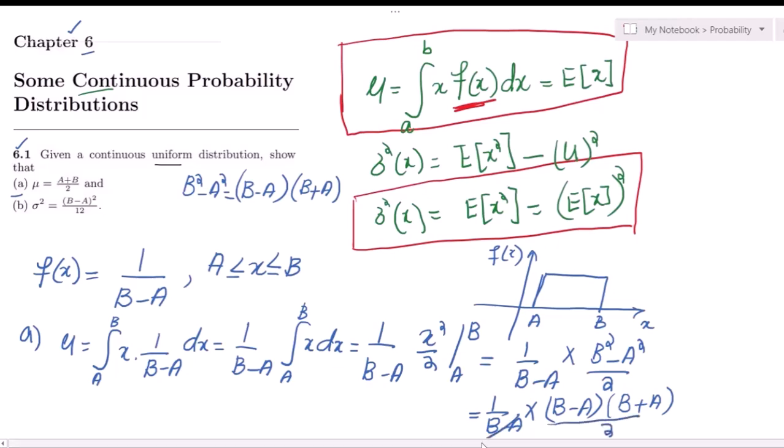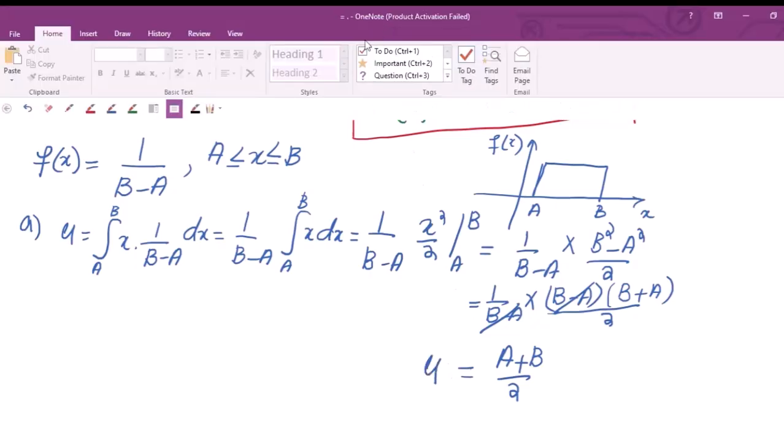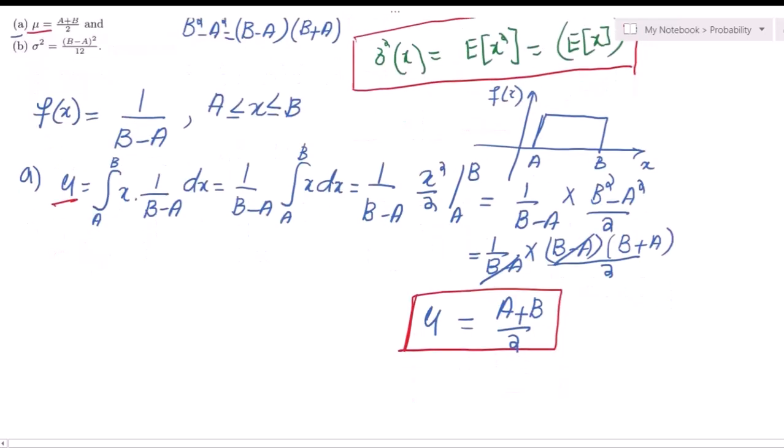These two will cancel out, and ultimately we get (a plus b) divided by 2, and this is mu. This is the proof of part A of my question, which we have solved by these steps. So this is the solution of part A.